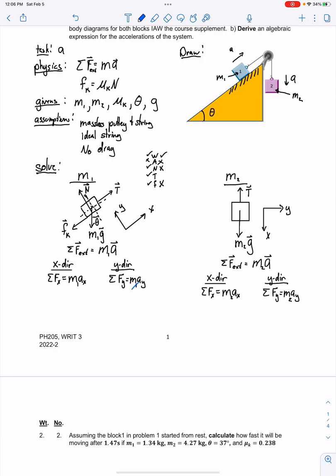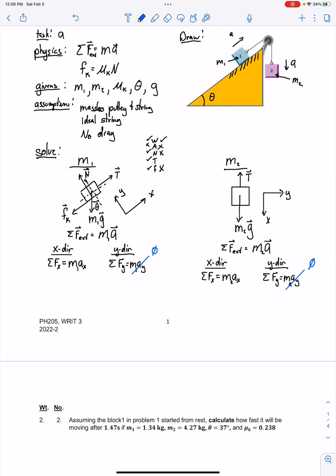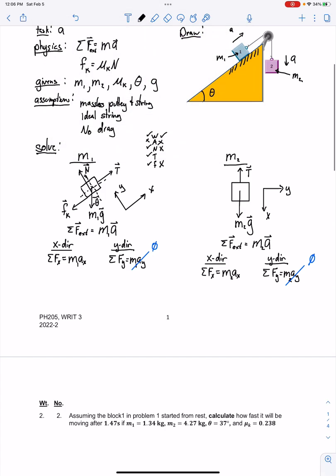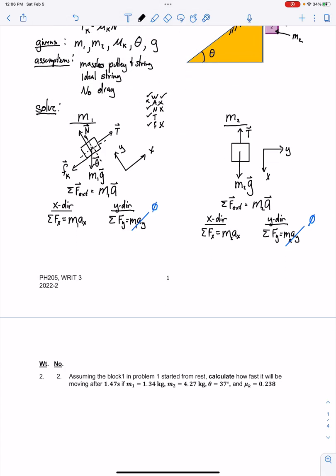So our acceleration in the y direction is 0 because we did this by design. For both these objects, the acceleration in the y direction is 0 because we picked our axes to point in the direction that these objects are accelerating. So both of those are 0, and that will make solving this problem significantly easier.